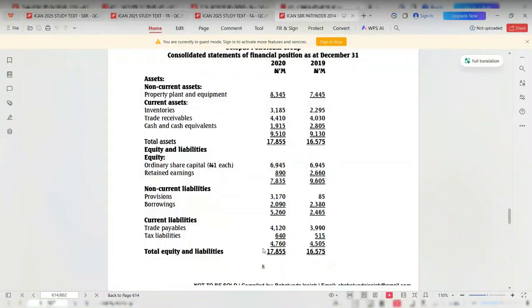Current liability for 2020 is 4,760,000. So add that 4,760,000 plus 5,260, then subtract it from your total asset. You are going to get this as your capital employed. So this is the figure we are picking as our capital employed. I believe we all understood it.